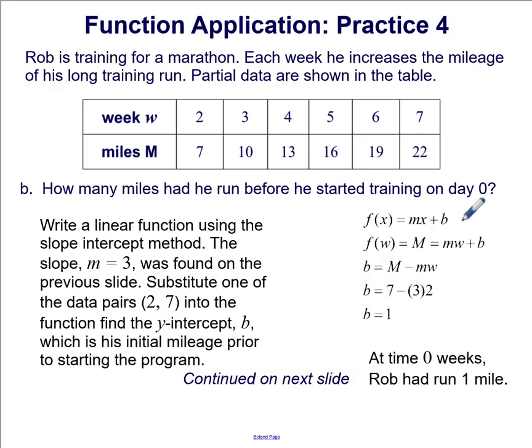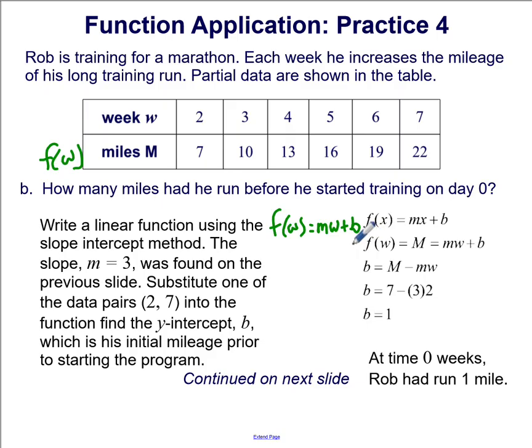So, looking at the algebra, we start with our general slope-intercept equation, f of x is equal to mx plus b. And for our specific context, instead of x, we're going to use W for weeks. And instead of y, we are going to use M for miles. And in function notation, miles can also be written as f of W. So we can rewrite this equation as f of W is equal to m times W plus b.